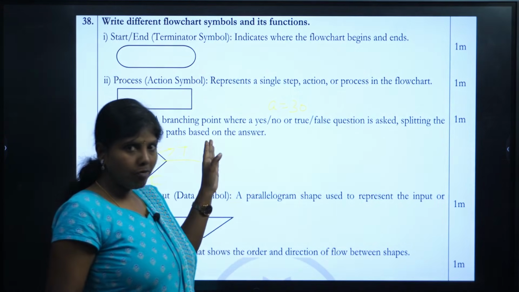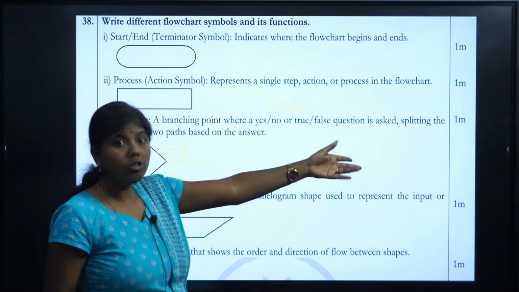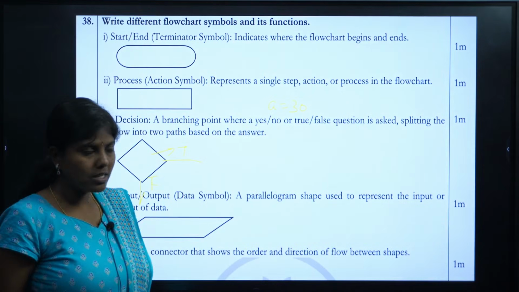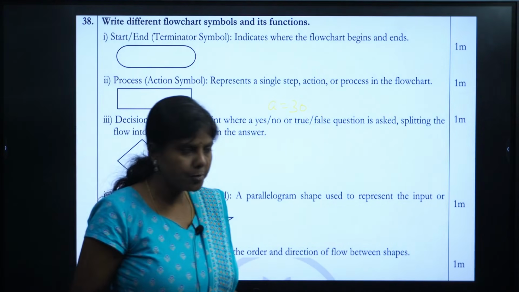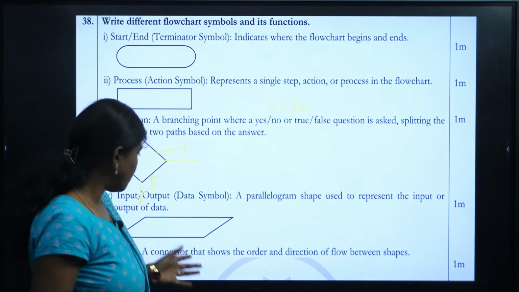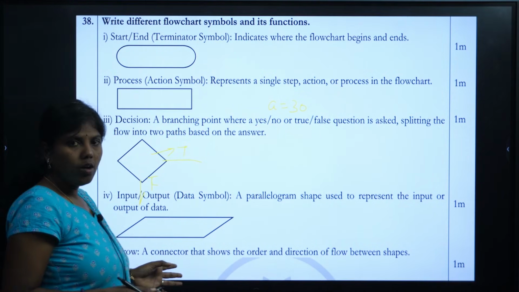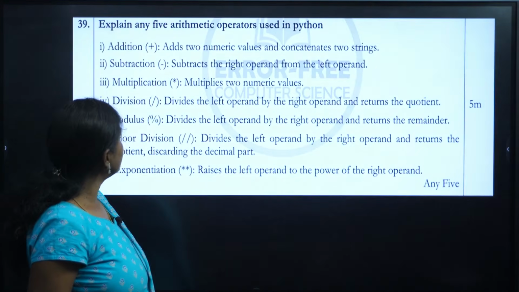As we told, if n mod 2 equal to 0, then it's going to be an even number. If it's equal to 1, it's an odd number. So we need to make some decision here. And for input output, very simple, you need a parallelogram. An arrow basically shows the direction of the flow between the different shapes. We'll go with the next question.